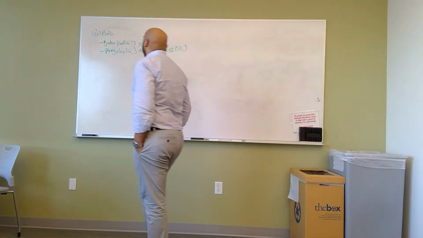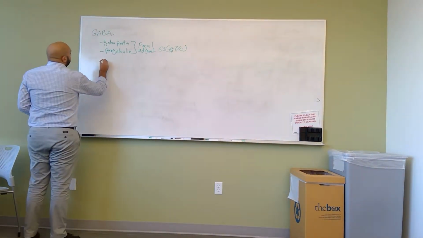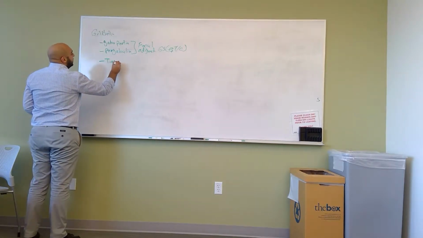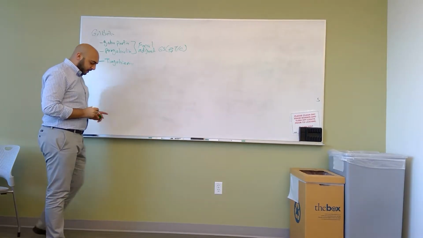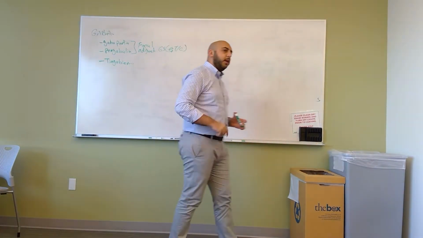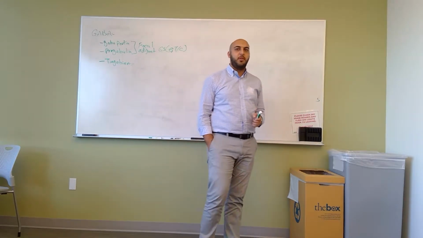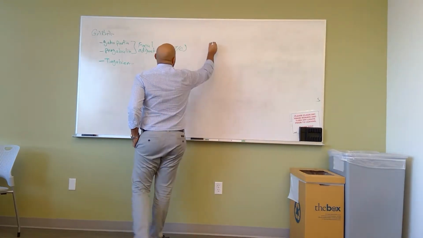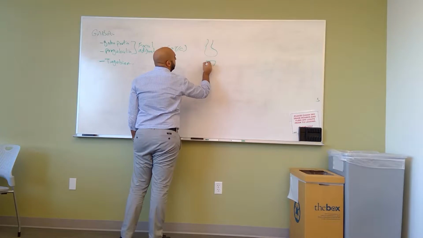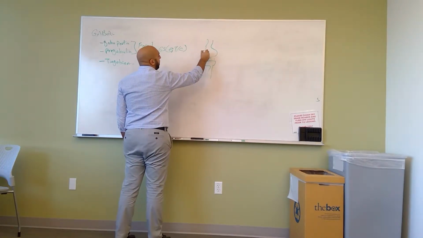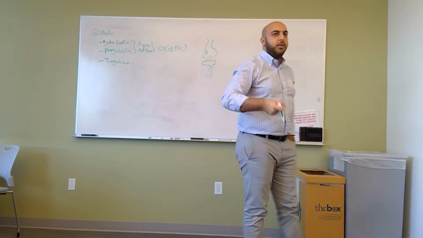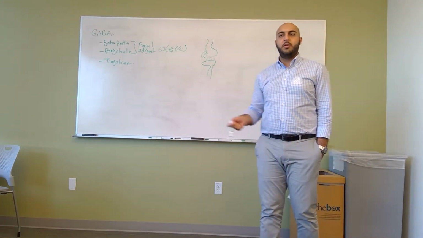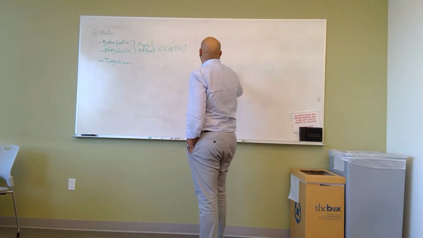All right, now another GABA drug is one called tiagabine, and you can say they have GABA somewhere in their name. Tiagabine is different. Tiagabine is a drug that literally inhibits the reuptake of GABA from the synaptic cleft. So at the level of the synapse, when you get a release of GABA, some of this GABA, if it is not taken up, needs to be reuptaken into the presynaptic terminal in order to be released again.